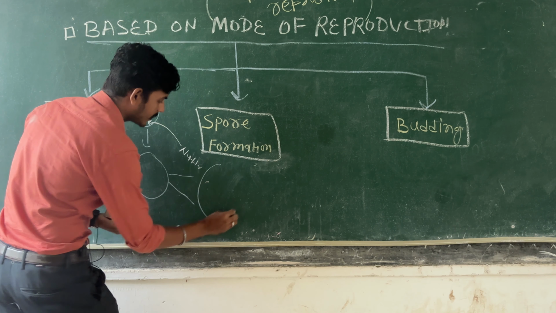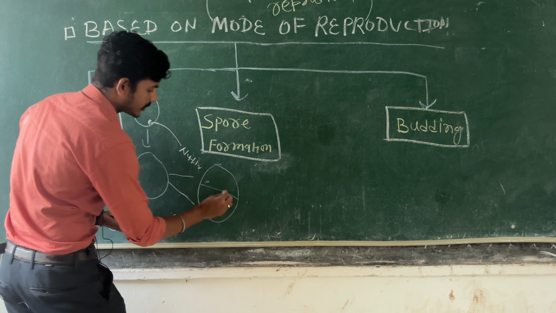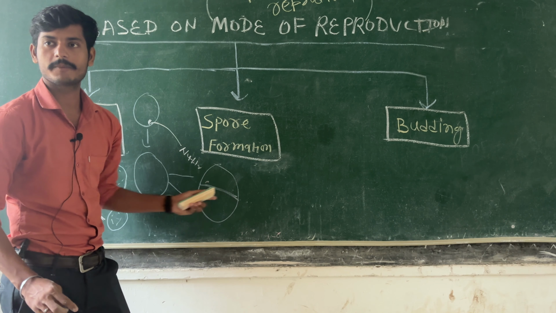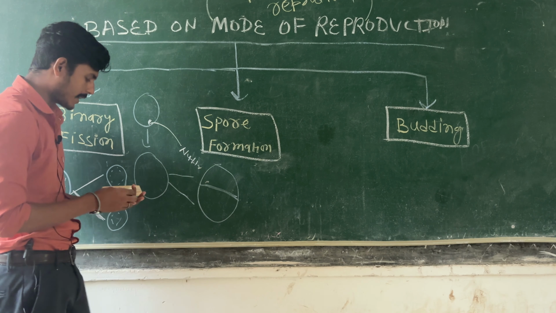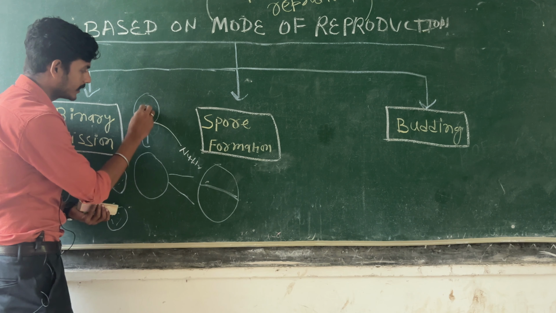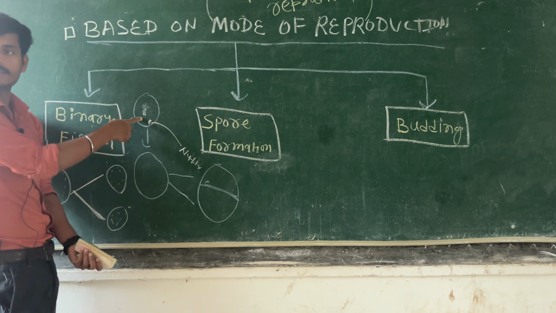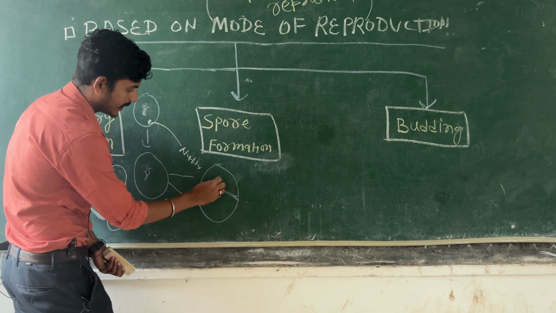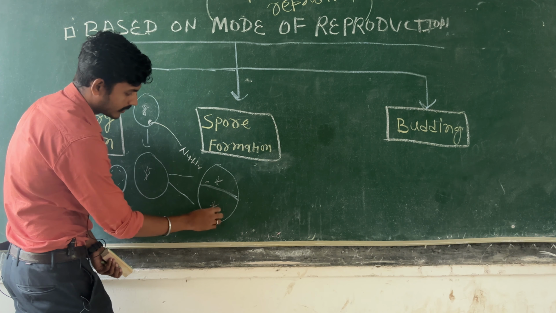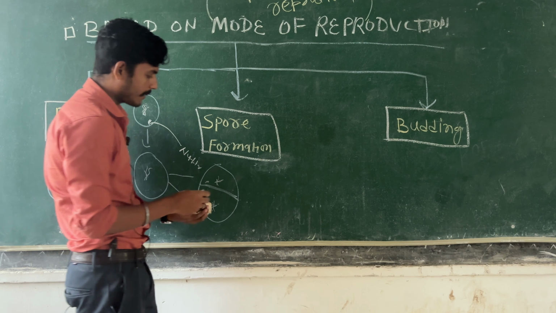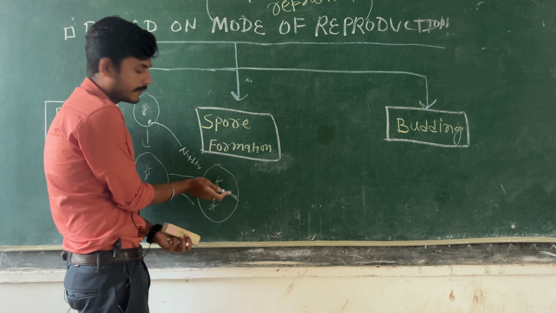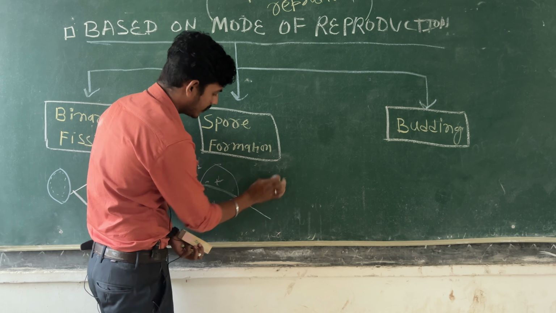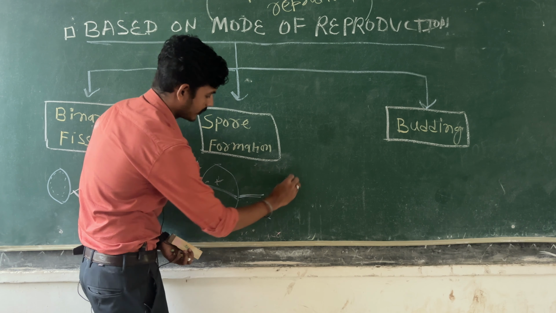For division, first there will be a formation of what is called a fissure. Bacteria have genetic material, and this genetic material will divide. Then there is a separation; this fissure will separate.